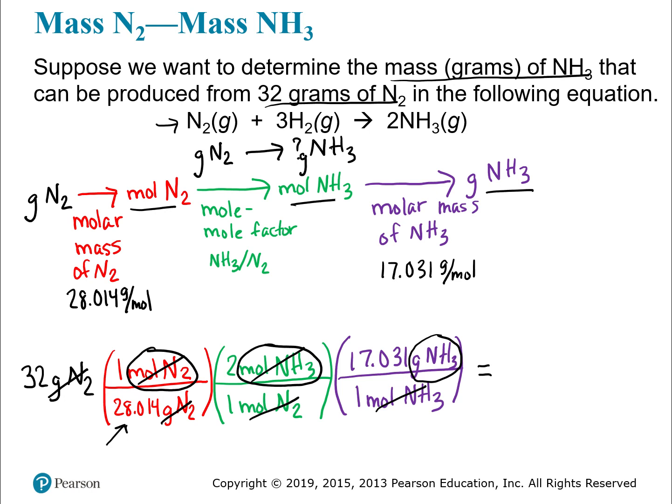Put this into your calculator and let me know what you get for the number of grams of ammonia. You should get 39 grams.